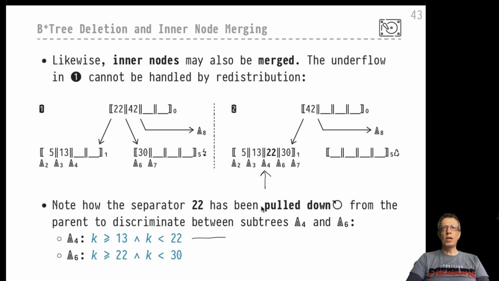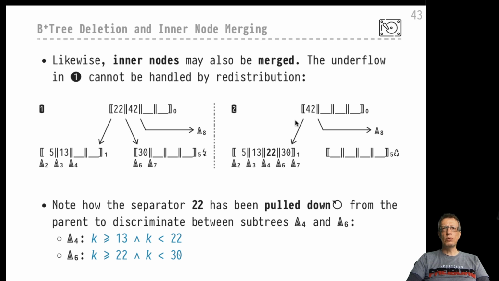The other thing that has moved is the subtree 6 here. You can ask yourself whether everything is okay for subtree 7, but let's look at subtree 6 here. The entries in subtree 6 are larger or equal to 22, but less than 30. Less than 42, that's fine.